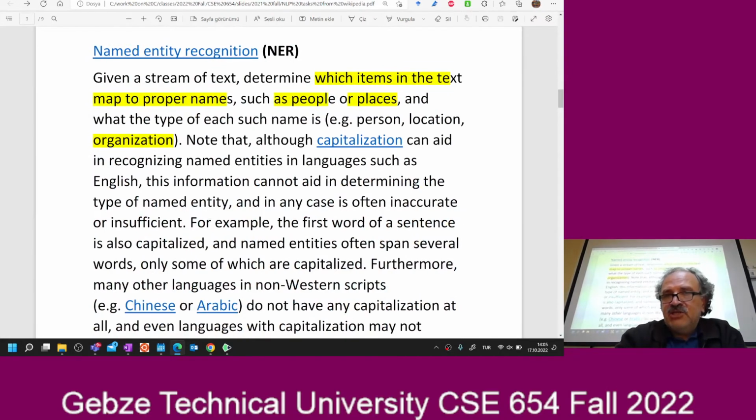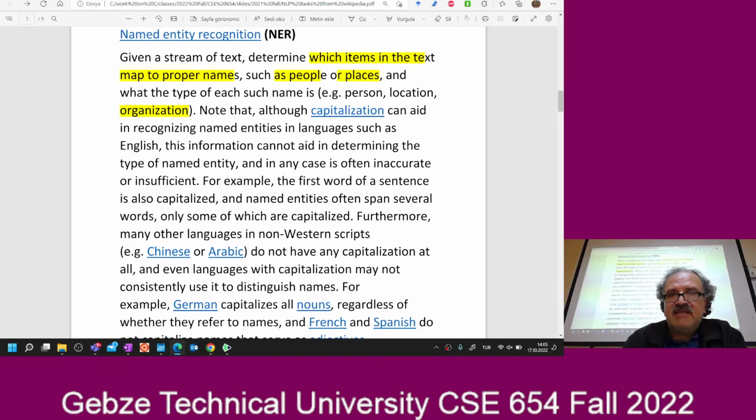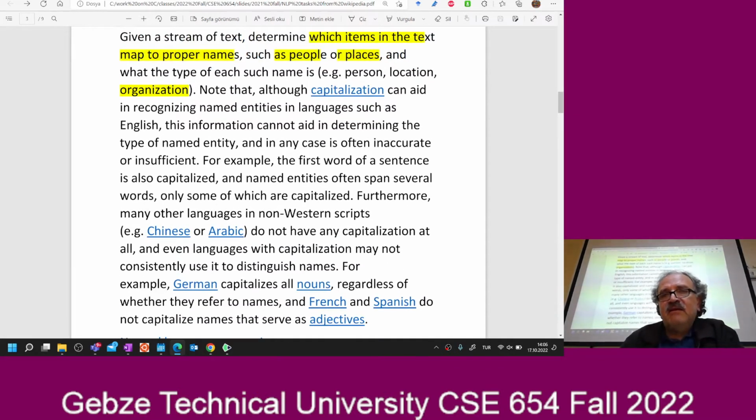Named entity recognition, okay. We ask which item in the text maps to proper names such as people and places, and what type of each such name I should mark. So you might say that it is easy. A proper name, özel isim, should start with a capital letter, but not all languages are like that.